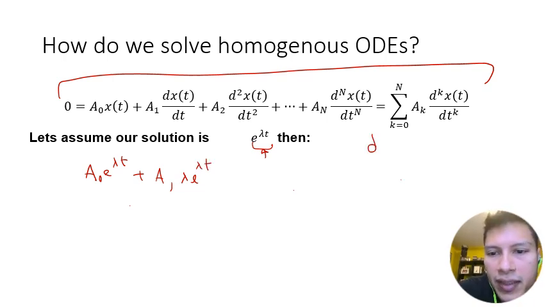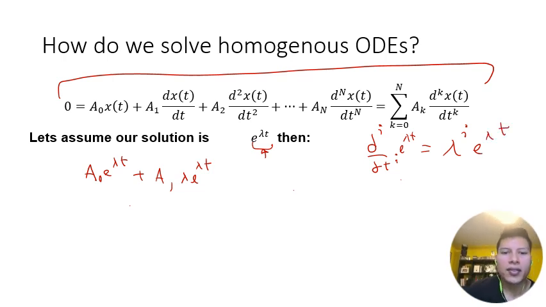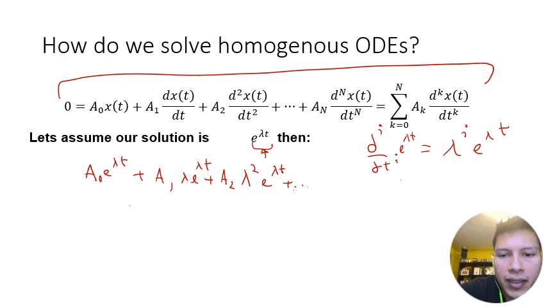So just remember that the ith order derivative of e to the lambda t is just lambda to the i e to the lambda t. So for the second order, I'm going to get a2 lambda squared e to the lambda t plus dot dot dot plus an e to the lambda t lambda to the n.